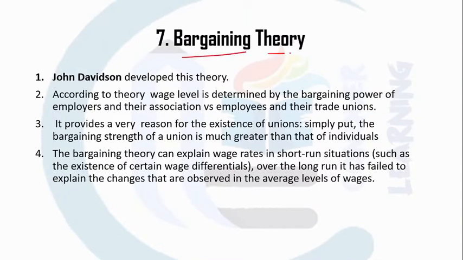Next comes your bargaining theory. You know collective bargaining? This is exactly that. So the collective bargaining theory says that the wages for the employees are decided by the collective bargaining process between the employee and employer, between the trade union and the management.